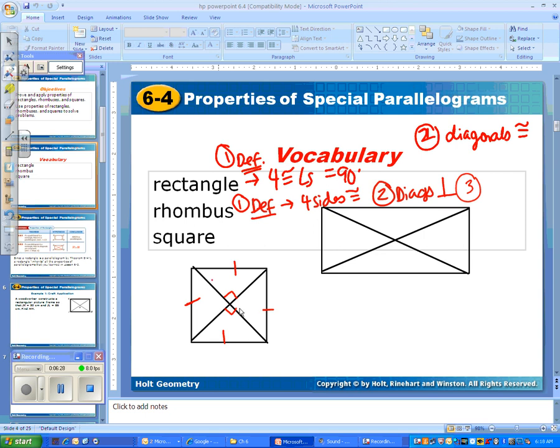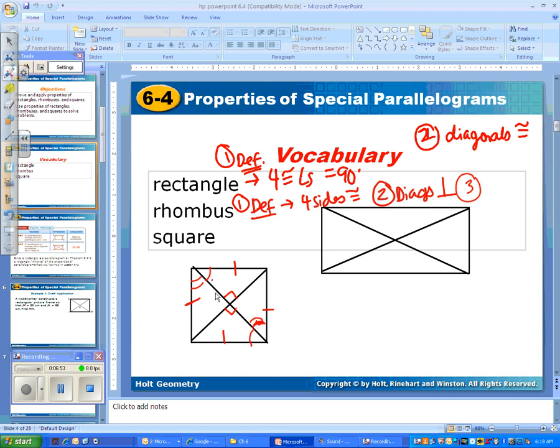So these four triangles are going to be congruent by HL. At least this triangle will be congruent to this triangle, and this triangle will be congruent to this triangle. So if they're congruent to each other, that means that these angles are going to be congruent to each other by CPCTC.